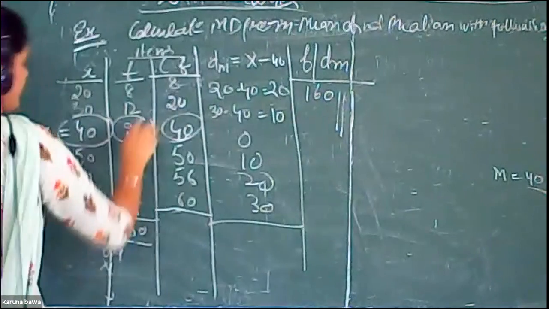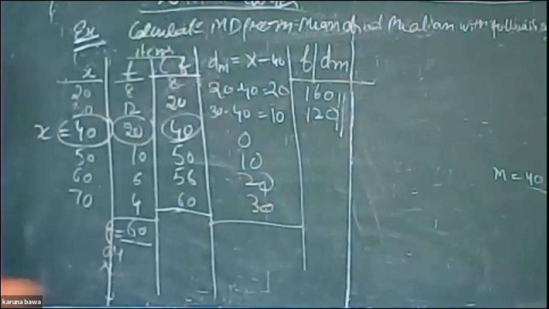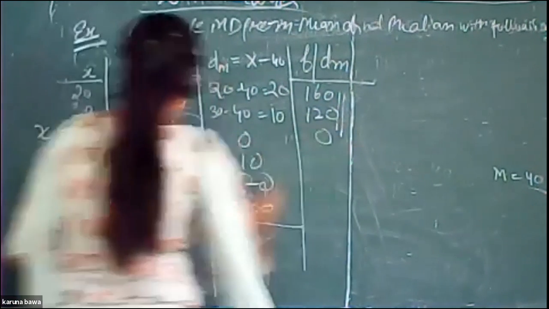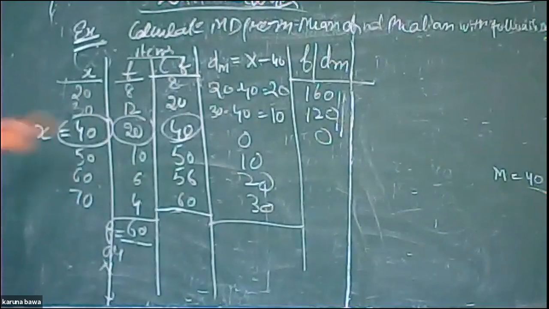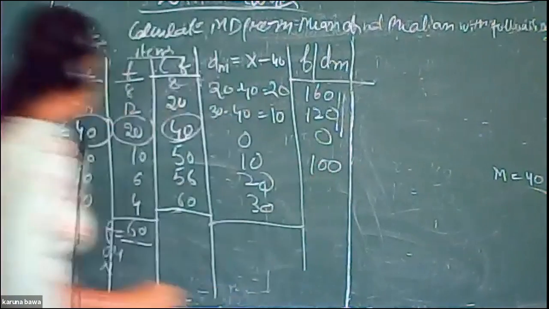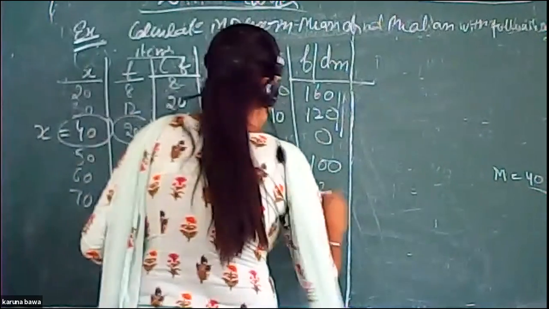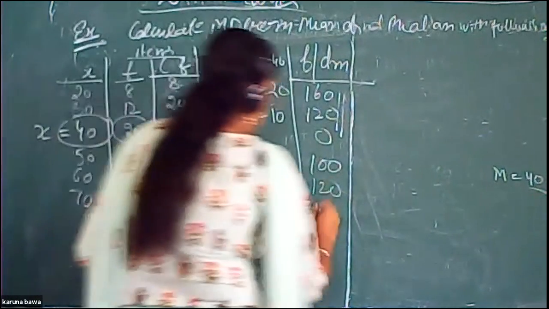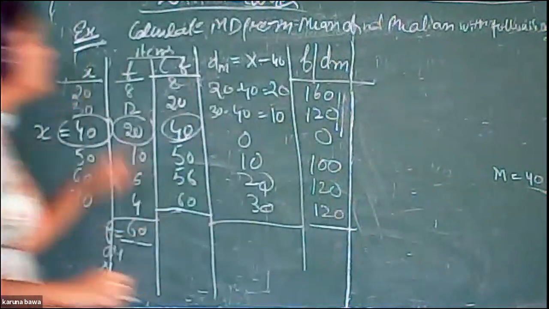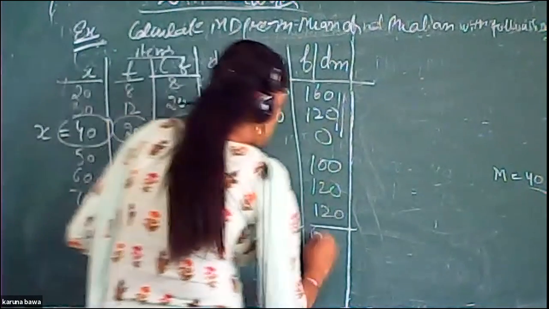On the other hand, 12 multiply 10 is 120. 20 multiply 0 is 0. 10 multiply 10 is 100. 6 multiply 20 is 120. Again 4 multiply 30 is 120. And the total: 160 plus 120 plus 0 plus 100 plus 120 plus 120, and the answer is 620.